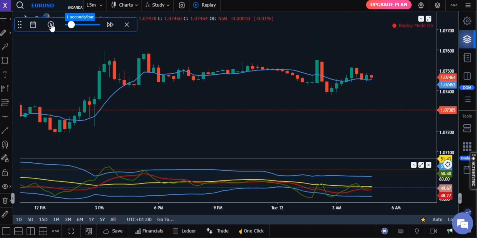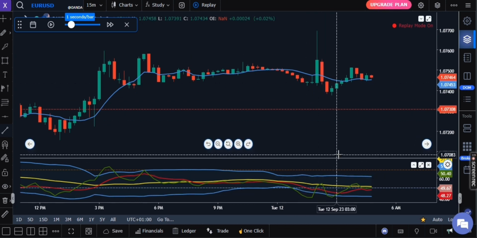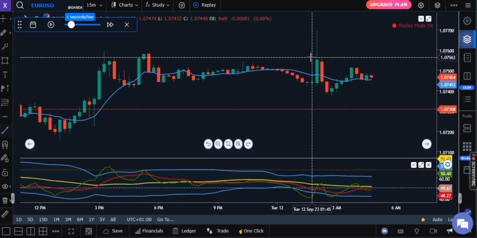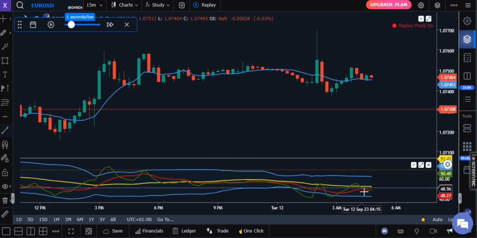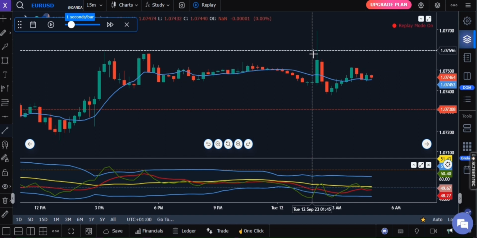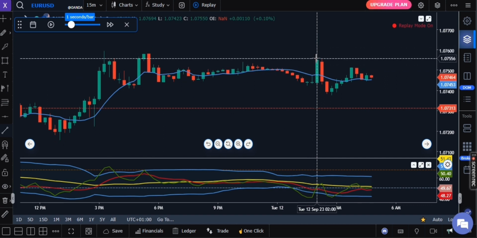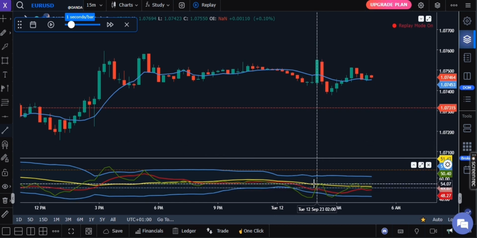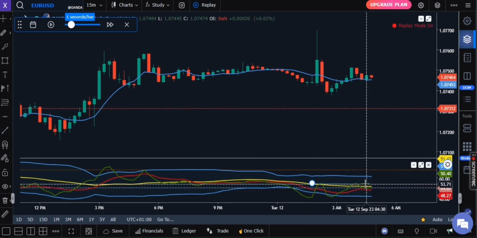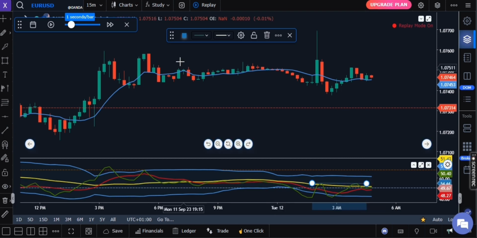So I think I can spot a divergence here. This high here is higher than this one, but our TDI is saying this high is lower than this. So I think there's a divergence, right? Yeah, they are equal here, but this is higher than this.